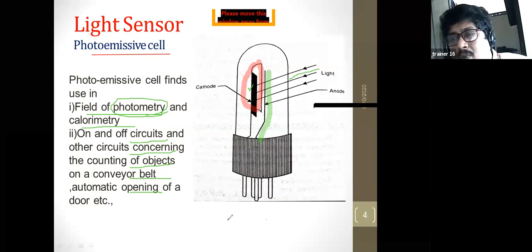In other words, the eye is also a sensor, a light sensor. Are you understanding my words? Our eye is a light sensor. It detects the radiations emitted from any object. Then only we are seeing. Otherwise, we are not able to see.